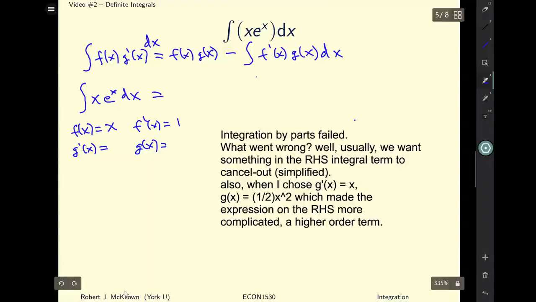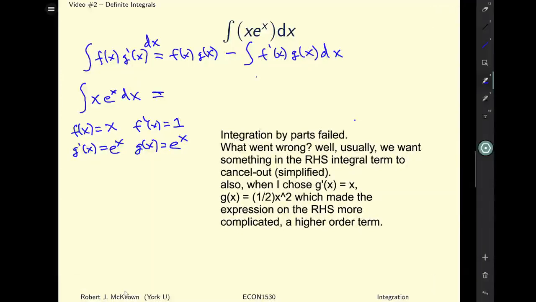That looks kind of good, right? Instead of x becoming a higher order term, it's going to become very simple. It's just going to be equal to 1. And integrating e to the x is really simple. The derivative of e to the x is itself, and the integral is itself.